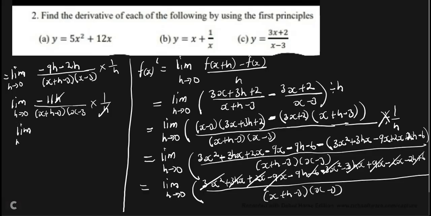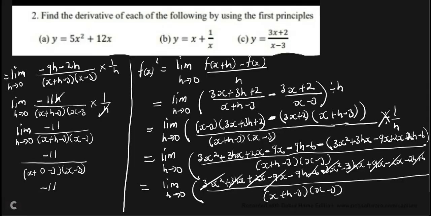Then we have the limit as h approaches 0 of negative 11 over x plus h minus 3, then x minus 3. Then we substitute h equals 0: negative 11 over x plus 0 minus 3, then x minus 3. Then your answer is negative 11 over x minus 3, then x minus 3.